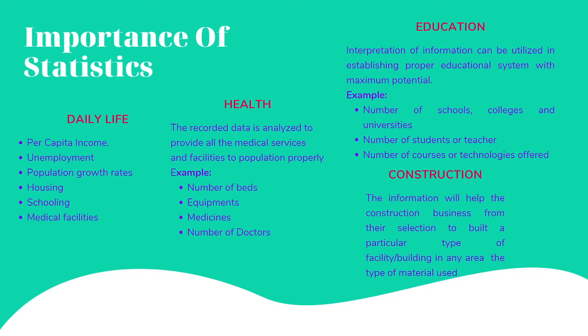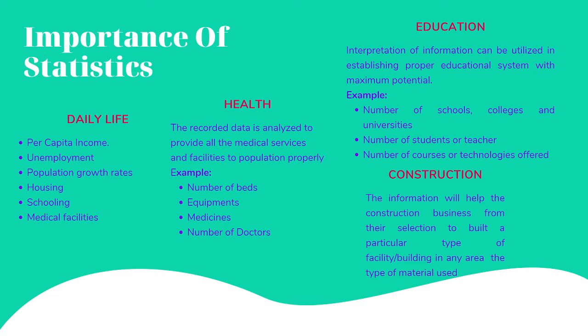For example, in health, the recorded data is analyzed to provide all the medical services and facilities to the population properly. For example, the number of beds, the number of hospitals and clinics, equipment, medicines, number of doctors.